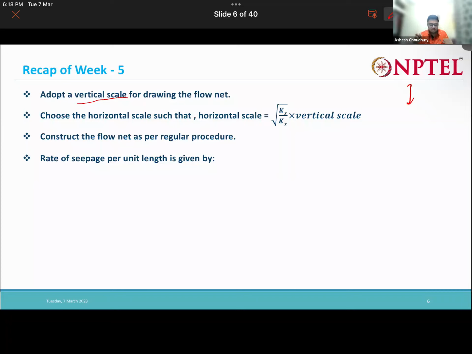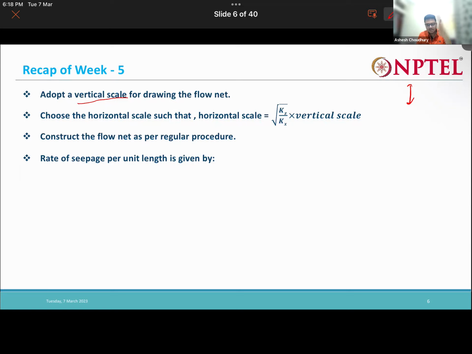So if in the vertical scale 1 centimeter is equal to 10 meters, then in the horizontal scale it will be root over kz by kx centimeter is equal to 10 meters. So we will transform it like that.